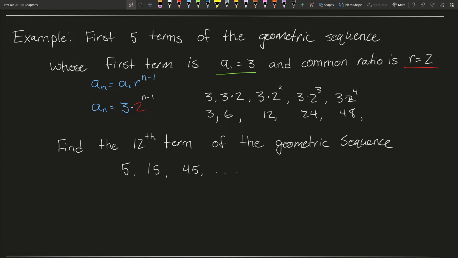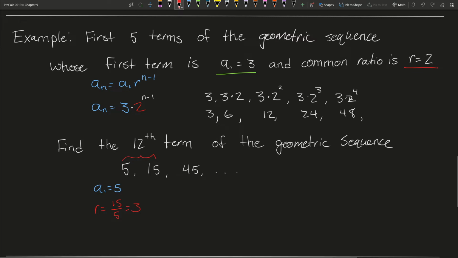All right, and then that second example: find the 12th term of the geometric sequence 5, 15, and 45. We have to do a little bit more groundwork, right? So we know a_1 is just 5, but we need to find the common ratio. We're told that it's geometric, so we really only need to check one of them. We'll check these first two. So r should equal 15 over 5, which is just equal to 3.